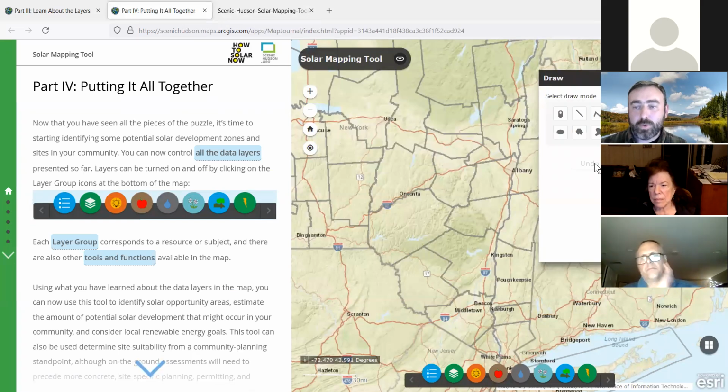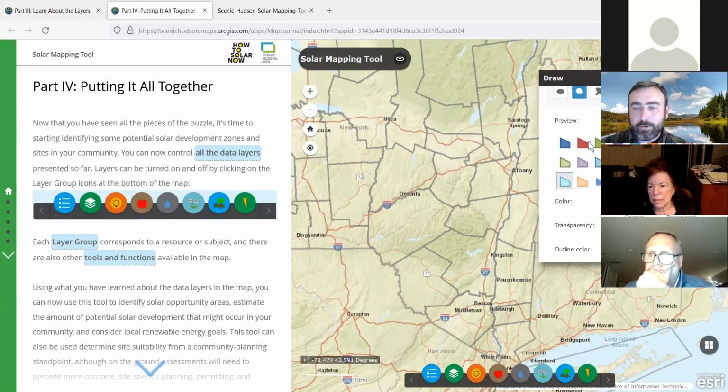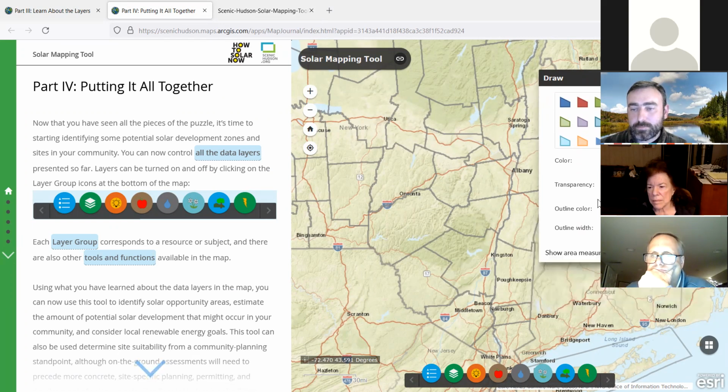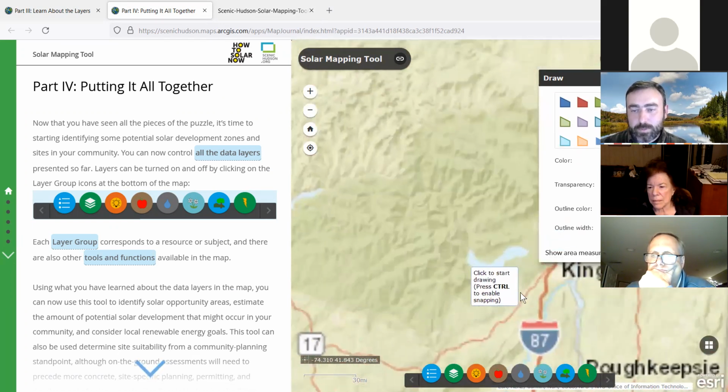We have a drawing tool. So if you wanted to outline a site, you could do that. I recommend you change your color to all the way transparent. And then you can set your outline color as you like. I'm just going to zoom in here.